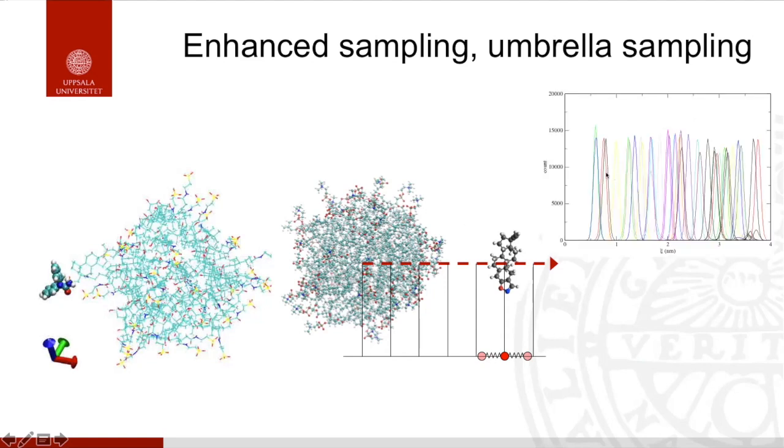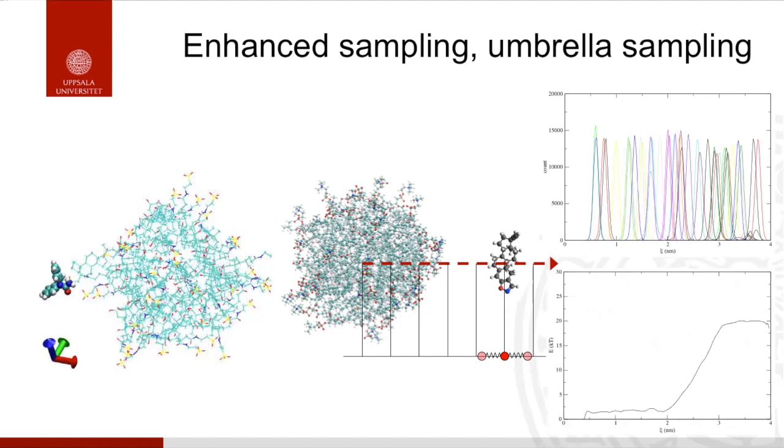And then once we run all these separate configurations, where they can only move around at some certain distance, we can pull them all together with something that is called the weighted histogram method, or maybe there are also alternatives, but again, I won't go into details. You can put it all together and get the actual energy profile, which here is in kBT units, but it could also be in kilocalories or whatever.